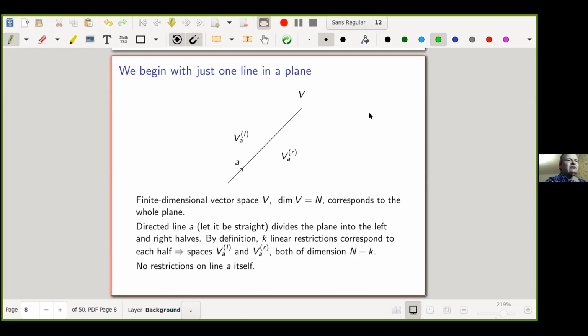Let me draw just one line in a plane, and this will symbolize the following.